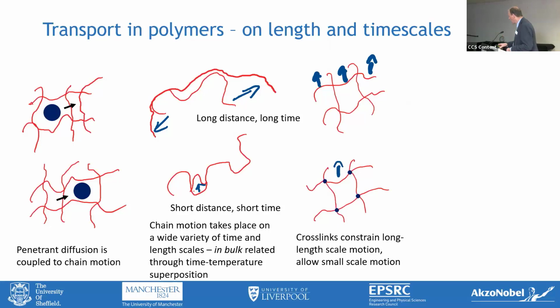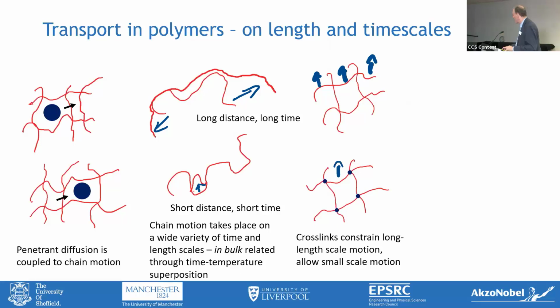And a key point is that there are lots of different timescales in chain motion. Chains can wiggle on a very short time scale, over a short distance, and that will happen quite fast. They can also move over a very long time scale. They can have one of these long breathing-style modes.